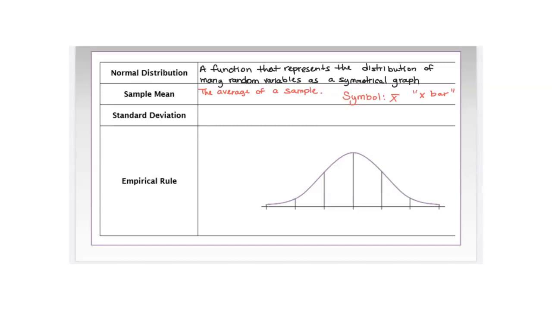So that's the sample mean. Next we have standard deviation. It is a distance of a set of data or a data point from the mean. So let's say that we're looking at the average woman's shoe size. If you can remember, the highest height was about a size 8 shoe.